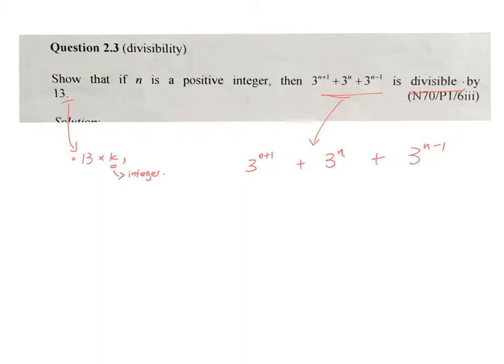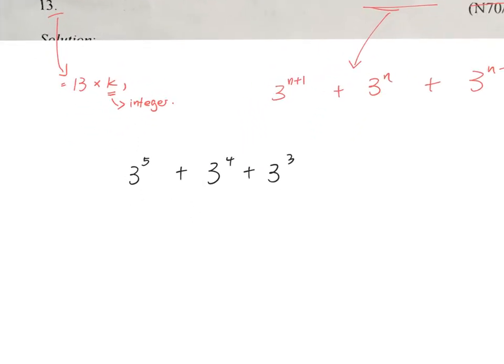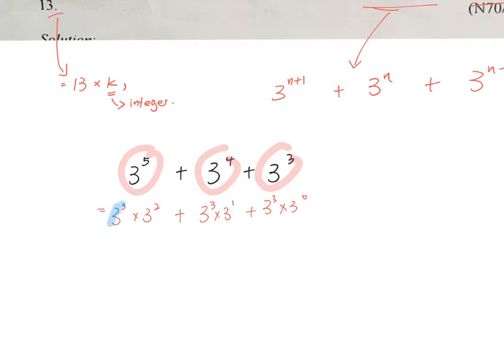If you cannot really see that, let me give you a simple numerical example. Take 3 to the power of 5, 3 to the power of 4, and 3 to the power of 3. The highest common factor of these three is 3 to the power of 3, because this can be written as 3 to the power of 3 times 3 squared, plus 3 to the power of 3 times 3 to the power of 1, plus 3 to the power of 3 times 1, or 3 to the power of 0. These are the common factors, basically the highest common factor.